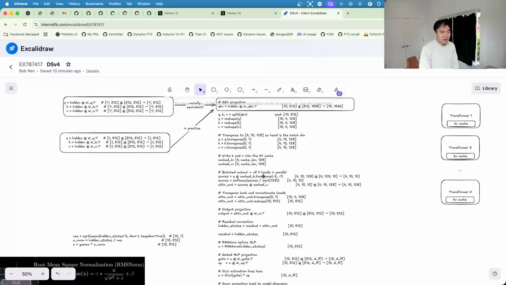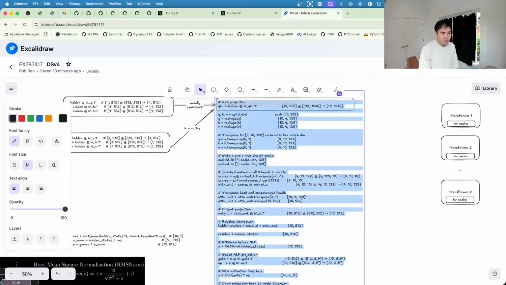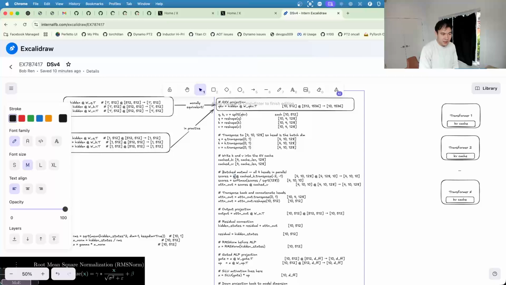Then we do a matmul of our query, which again is a single token, with the cached K. And this cached K, you can morally think of as our K appended onto all of the past tokens we've generated.